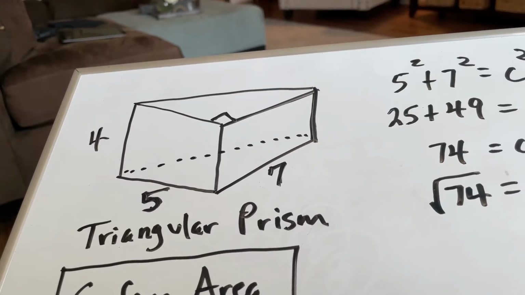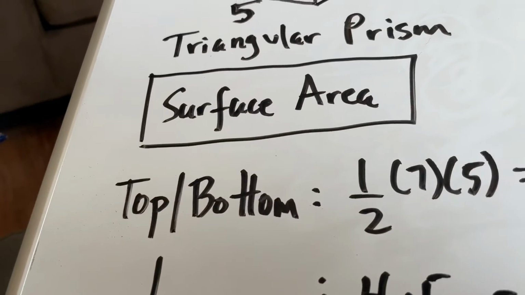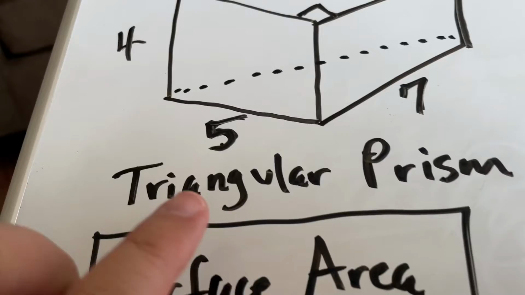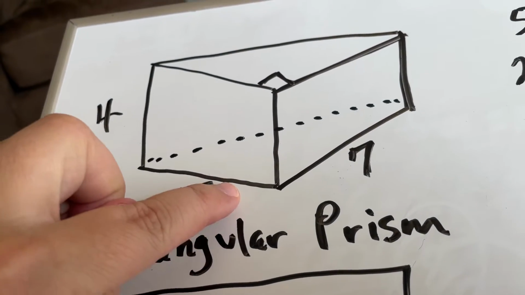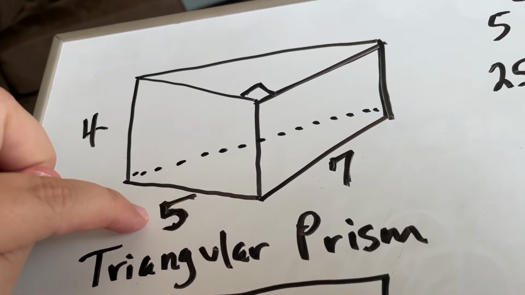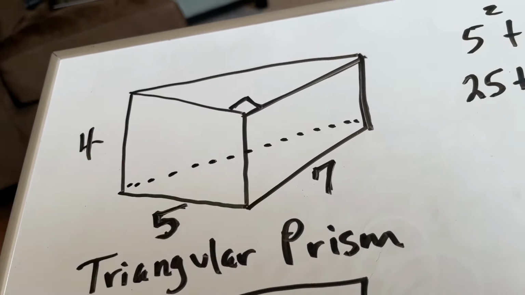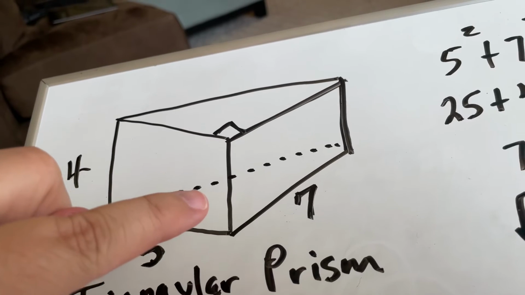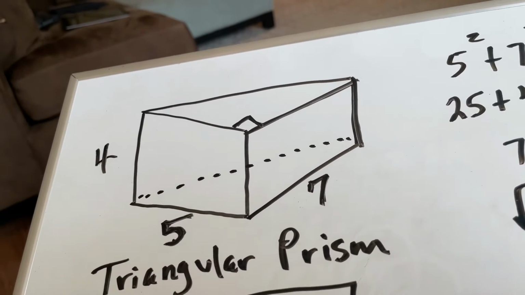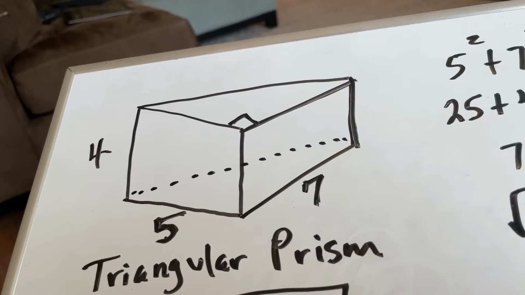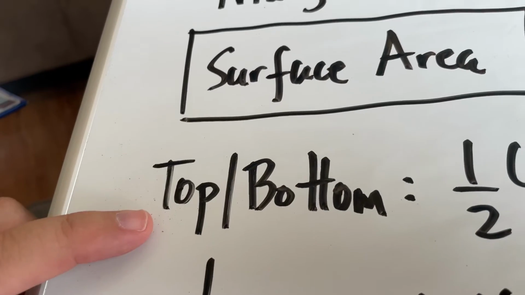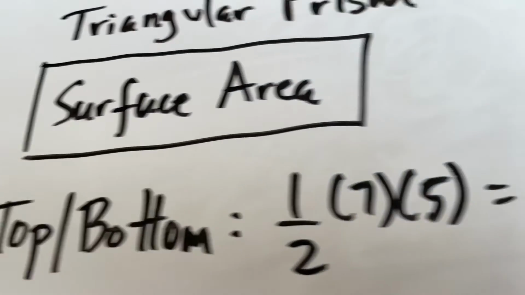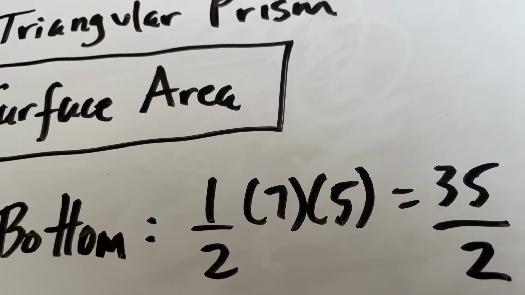Here's the old school way to find the area of the top and the bottom. Notice that in this picture, this bottom triangle has a side of 5 and a 7, and it's a right triangle. See that little mark there? The top and the bottom areas are going to be the same, so that's 1/2 times the base times the height.